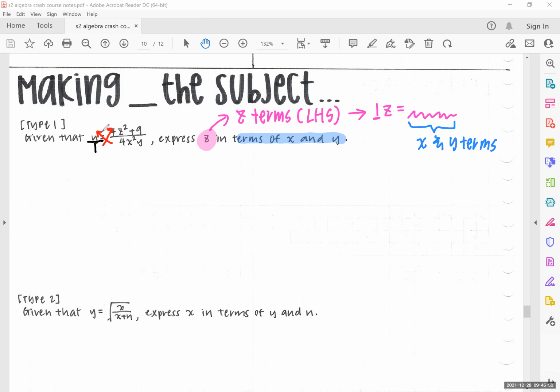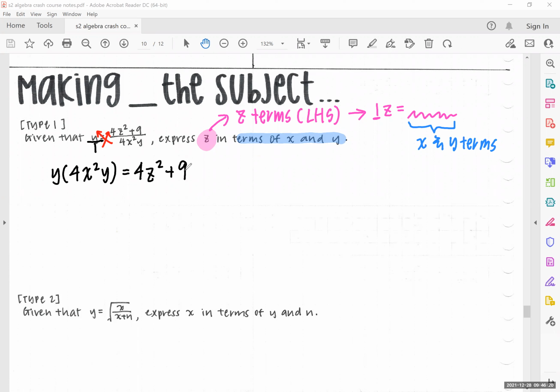Cross multiply means you must always do your bottoms up. That means it will become Y bracket 4x squared Y is equal to, wait, I cannot see this. What is this? Let me erase. Oh, 4, Z squared plus 9.